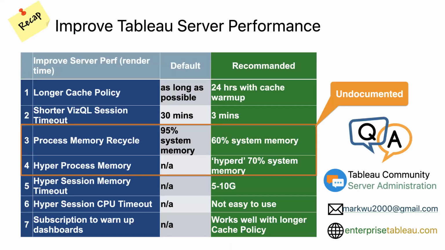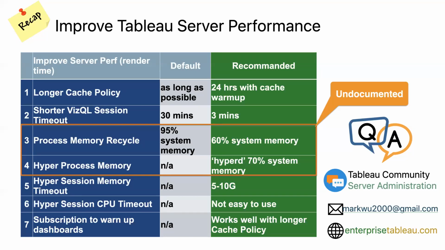Today's talk is around Tableau Server performance, more specifically, the VizQL process and Hyper process optimization or configuration, with the 7 things that can be done to make sure the server performance is at its best, to avoid some badly designed workbooks from bringing the whole server down.